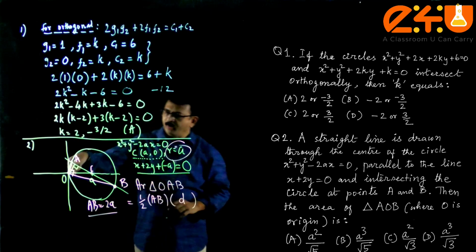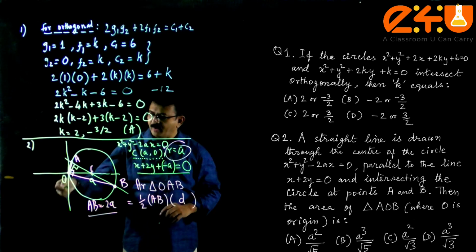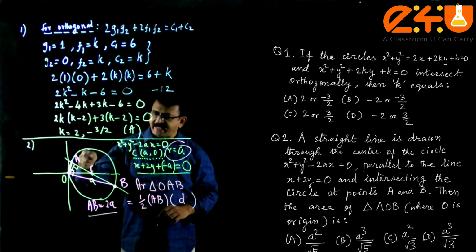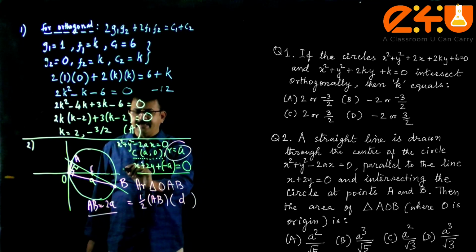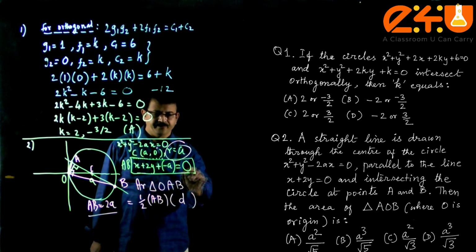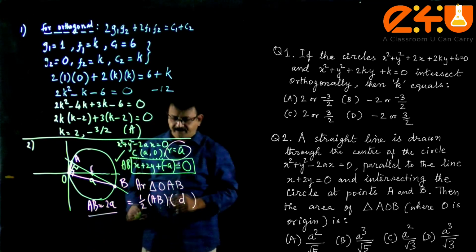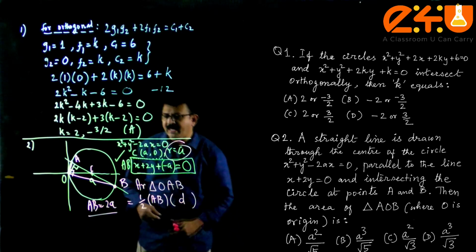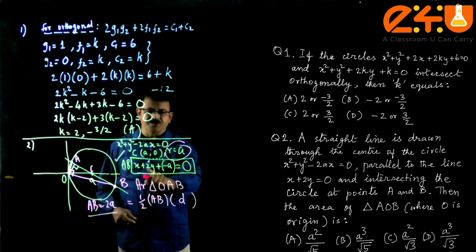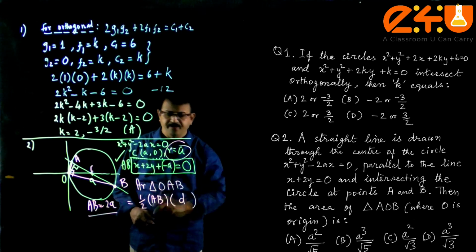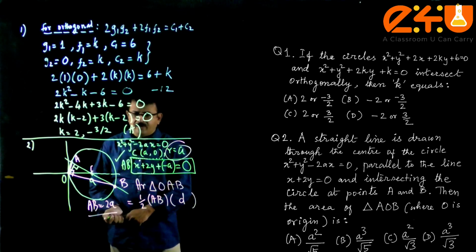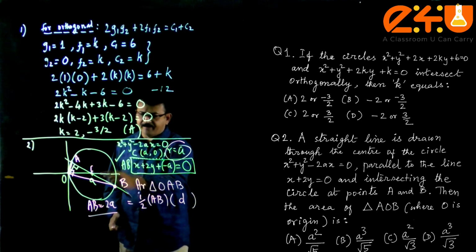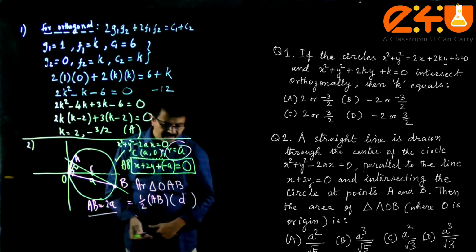There is a small perpendicular drawn from the origin upon line AB. A few moments ago we prepared the equation of line AB, which is x plus 2y minus a equal to 0, and we got the length AB, which is the diameter, 2a.